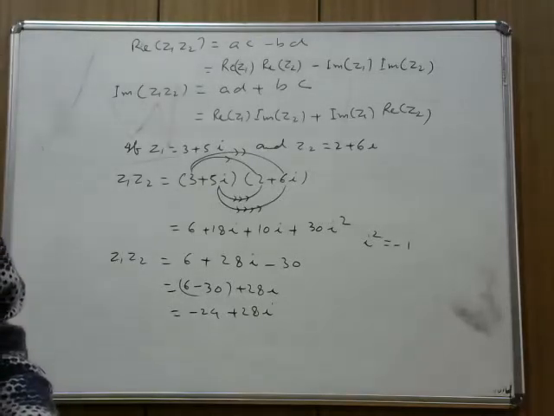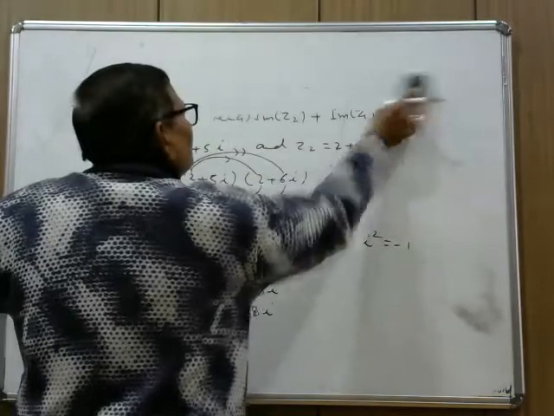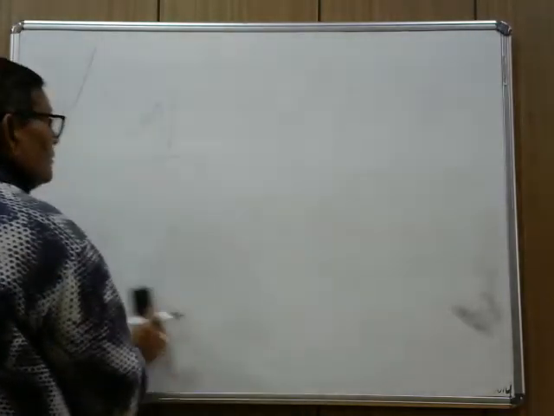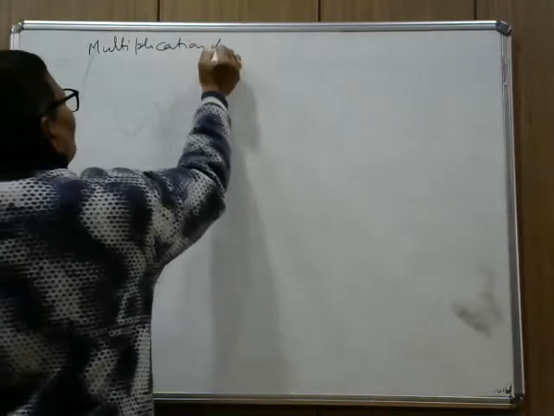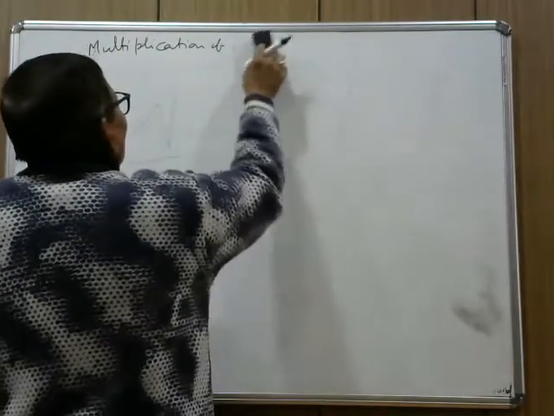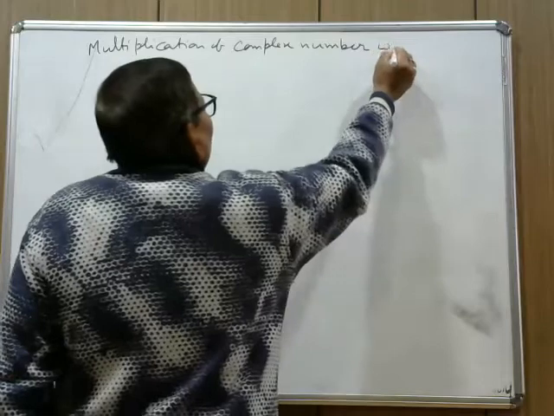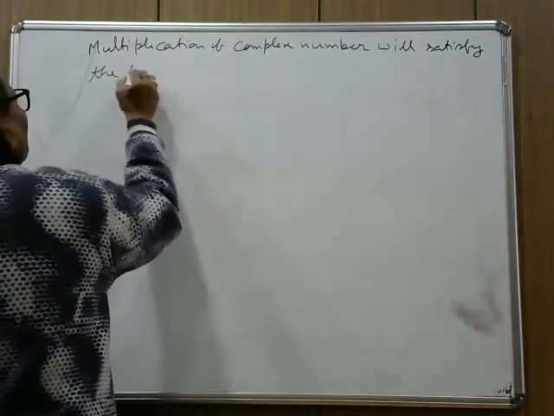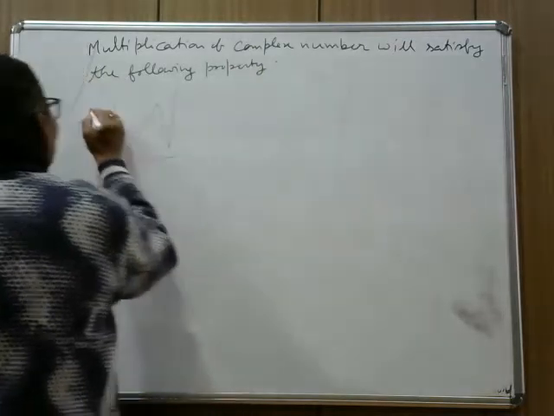So now the multiplication of two complex numbers will satisfy the following properties. Properties of complex numbers related to multiplication. First, closure property.